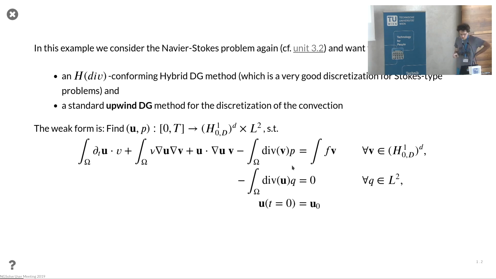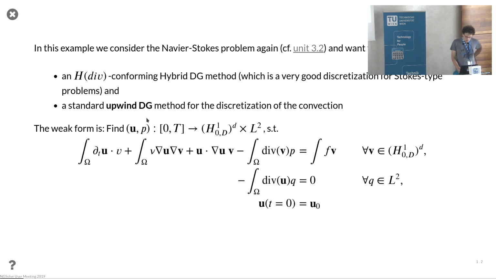Okay, so for the discretization, we also want to do something more fancy than just Taylor-Hood. So we use something which is H(div) conforming, because H(div) conforming is very cool. It has very nice properties, and especially for Stokes and Navier Stokes, there are very nice properties which lead to certain robustness and flexibility of this method.